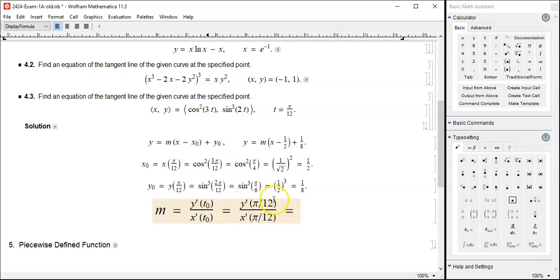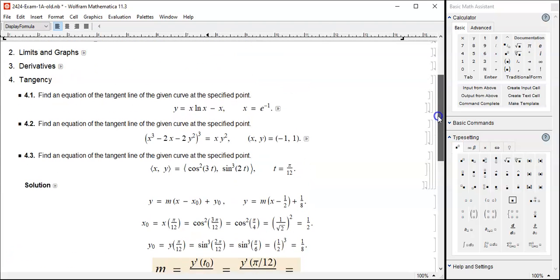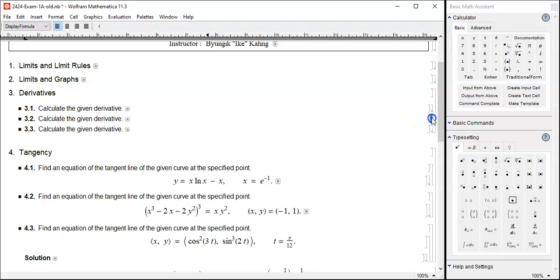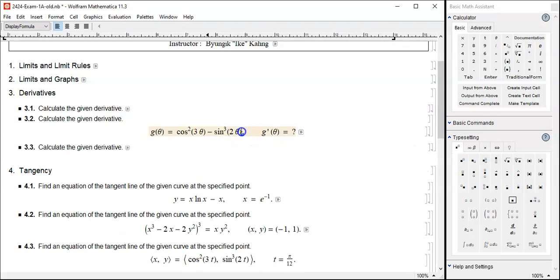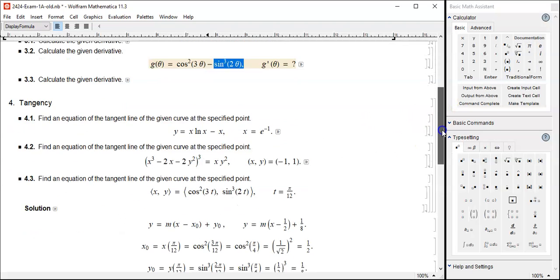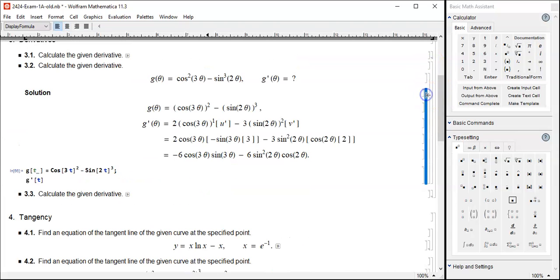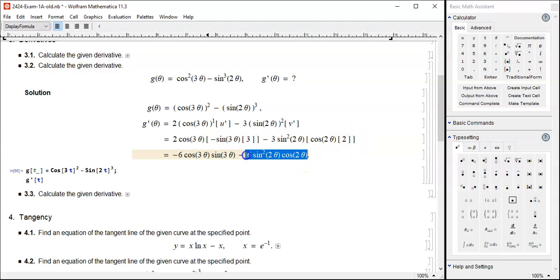And then what is y prime? Actually, you did this computation in this problem. We did it here. Remember? If you don't remember, you can always go back several pages and get that.